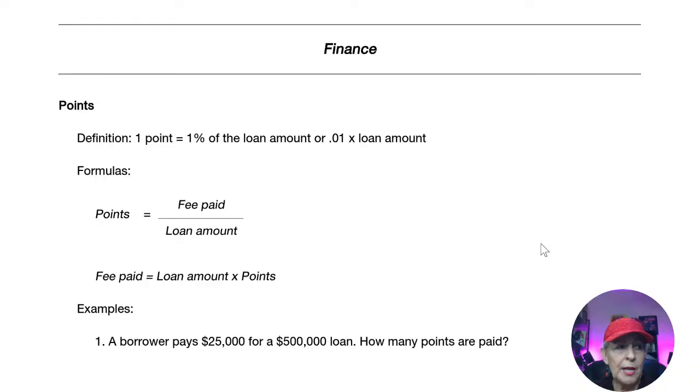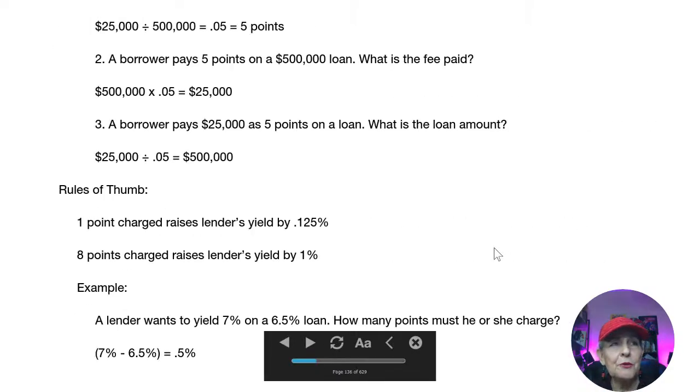So what do we have? A borrower pays a fee of $25,000, and a loan amount of $500,000. So $25,000 divided by 500,000 is what? You get rid of 3 zeros on both sides.